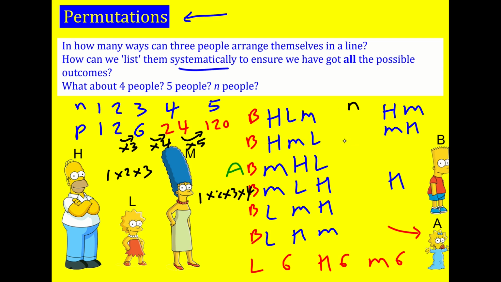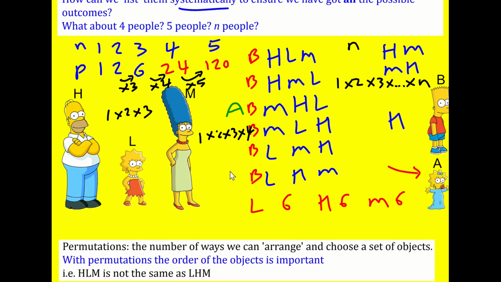So for n people, I'm going to have 1 times 2 times 3 all the way up to n. And that is the number of permutations I get when I'm ordering n people or n things in a list.